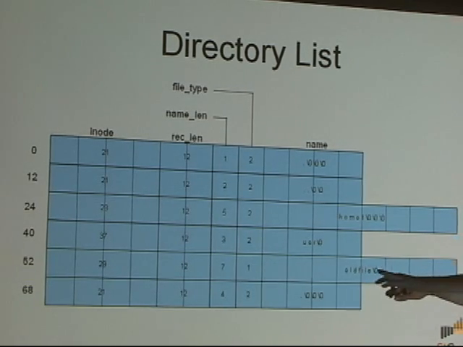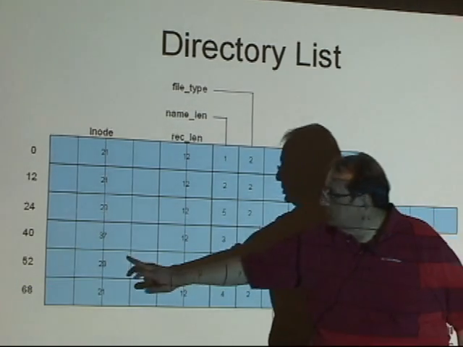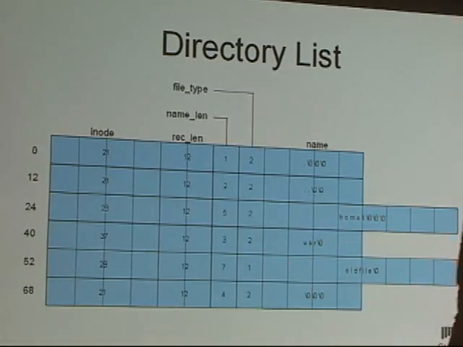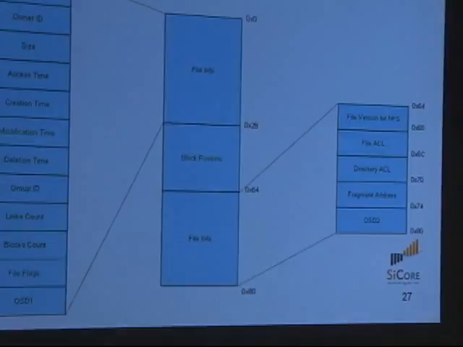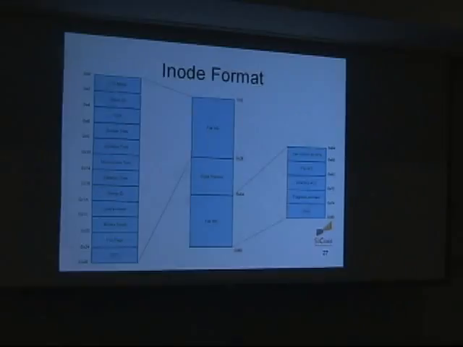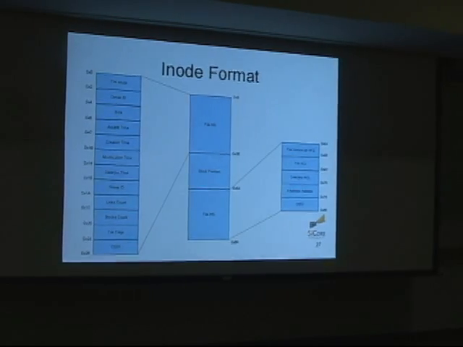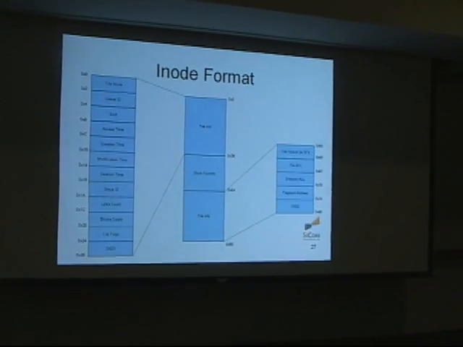The important thing, though, is that the name corresponds to an inode. And the inode is the data structure in Linux that contains all of the information having to do with that file, including what sectors are assigned to that file.